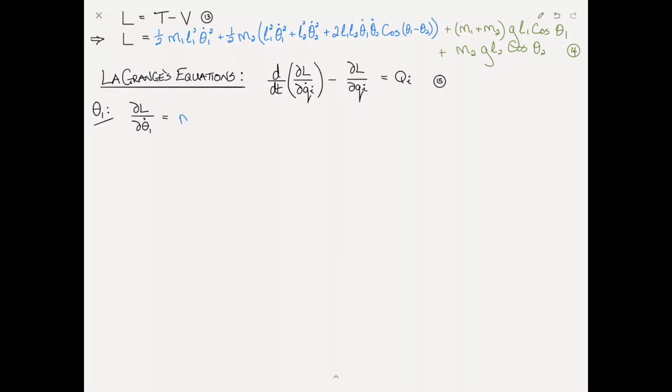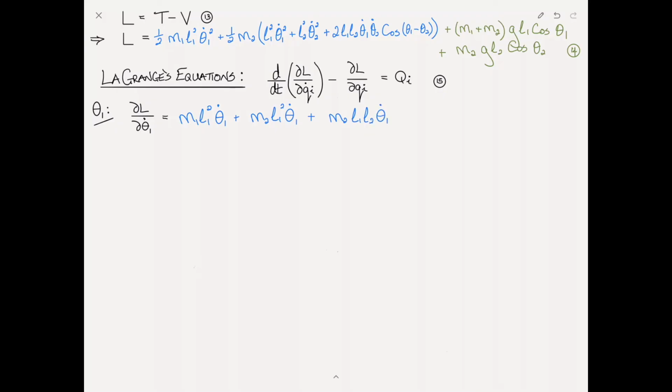It's m1 L1 squared theta 1 dot, since the 2 cancels the half, plus m2 L1 squared theta 1 dot, plus, 2 cancels the half, so it would be m2 L1 L2, and then the theta 1 dot cancels.